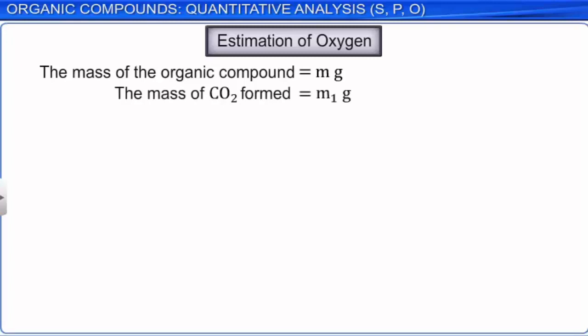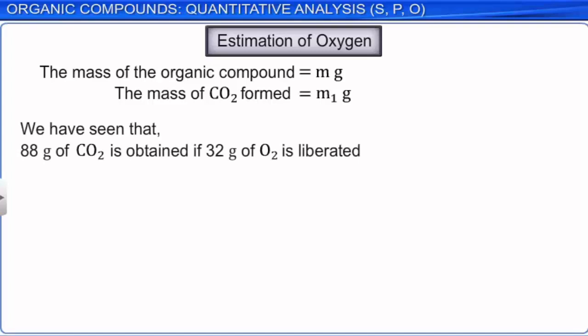We have seen that 88 grams of carbon dioxide is obtained if 32 grams of oxygen is liberated, and then m1 grams of carbon dioxide is obtained if 32 into m1 divided by 88 grams of oxygen is liberated.